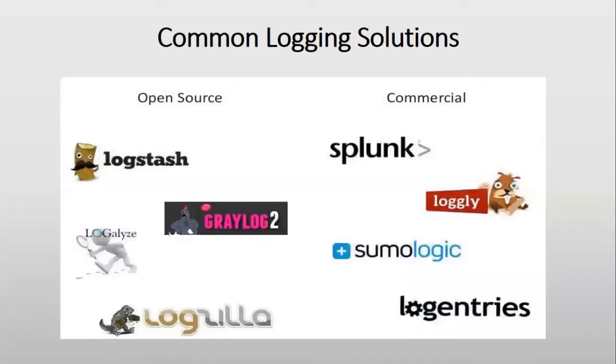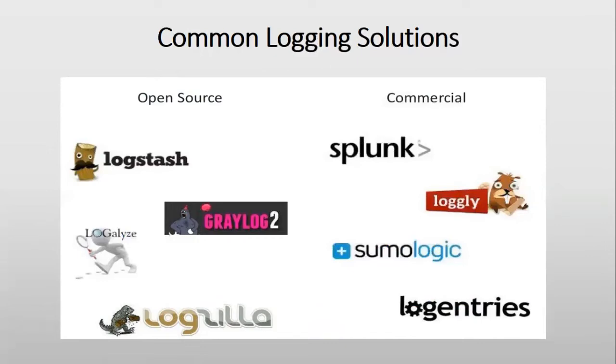Now, the logging or monitoring tool solutions available in the market are broadly categorized into two categories: open source and commercial. Under the open source category, we have Logstash, Graylog, and Logzilla. These are the mainly used tools under the open source category.